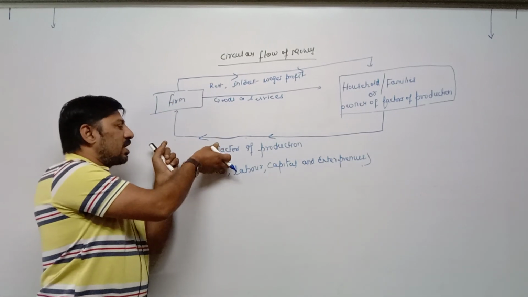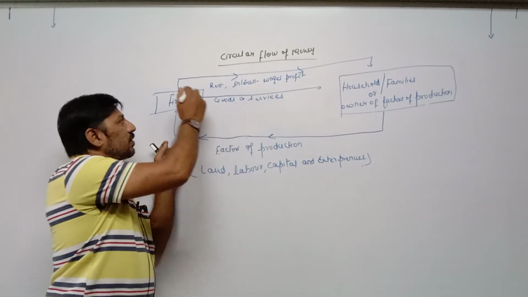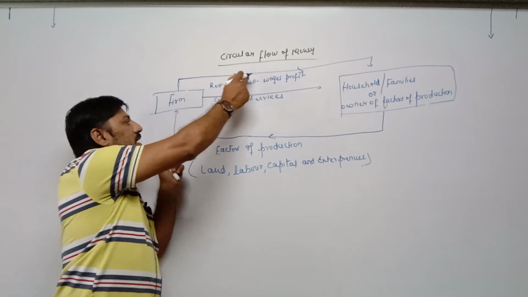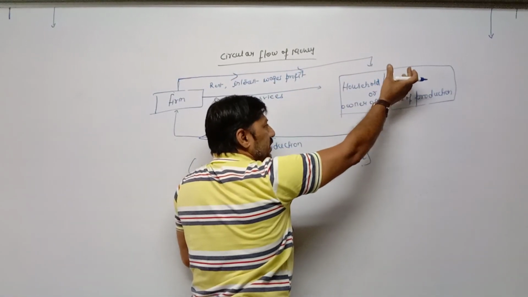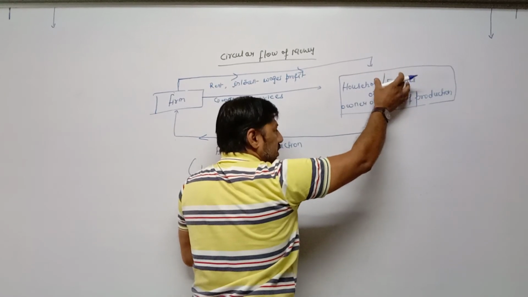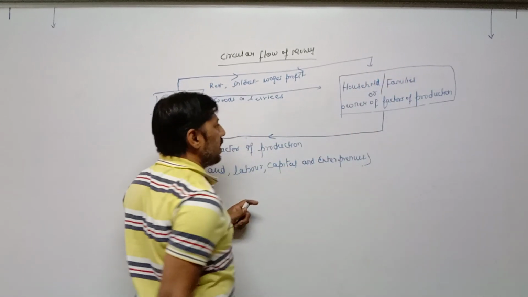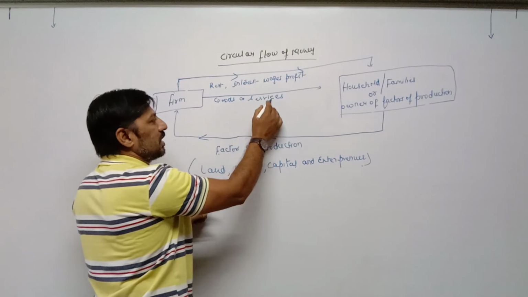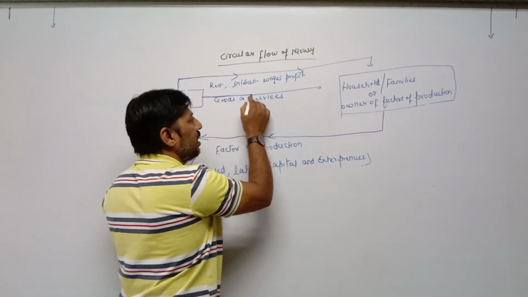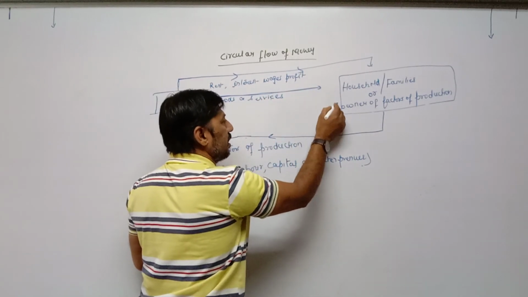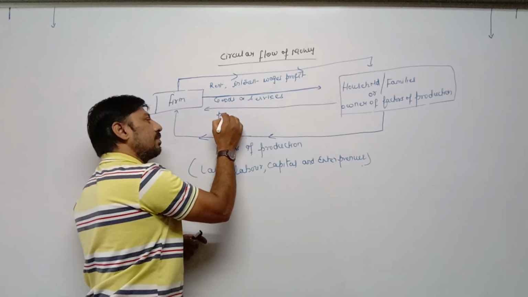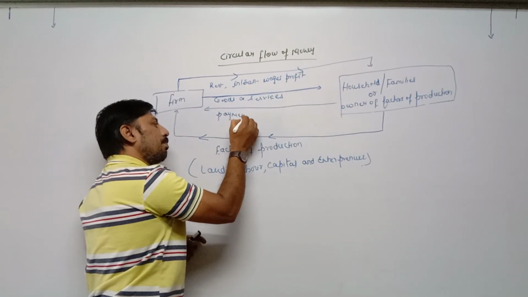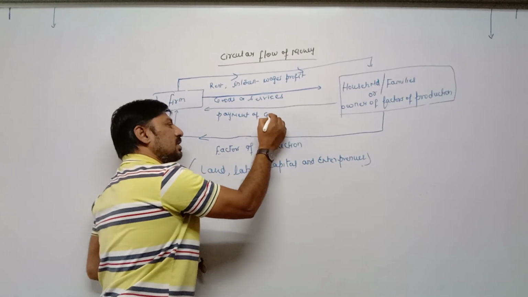Because they have taken these services, they make payment in the form of rent, interest, wages and profit. Now whatever money is received by household, such families will spend on the purchase of goods and services. So goods and services are provided by firm to household, and in return they are getting money, meaning payment for goods and services.